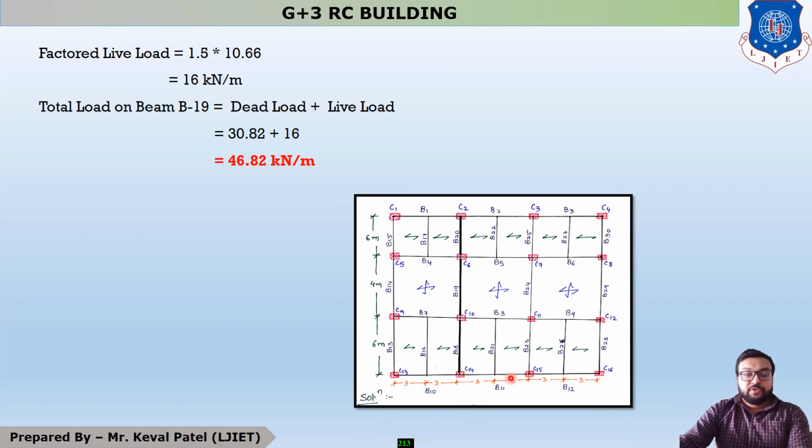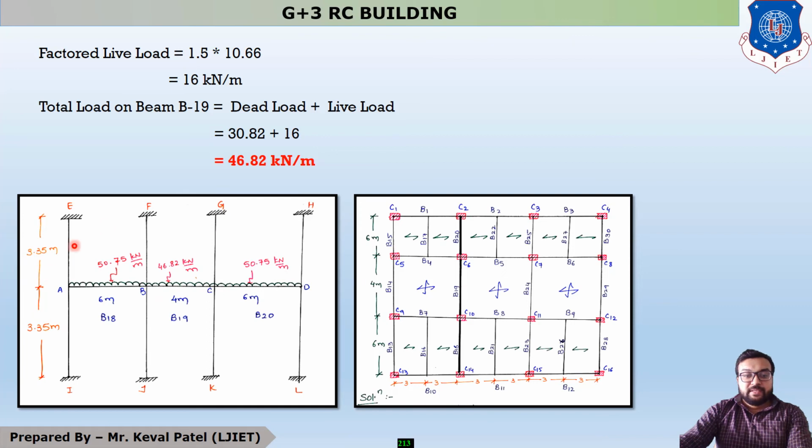So this is your main plan, in which if we see this figure from this side to this side, this is your column, this is your beam, this is your column, beam and column. You have to see from the front side. Our first beam is beam B18 having a span of 6 meter.